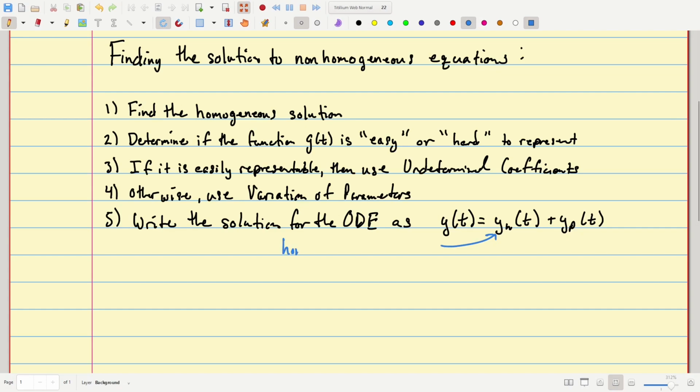This is the homogeneous solution, and this is the particular solution. And the particular solution is the one that comes from the non-homogeneous part. Okay, the last step is solve the initial value problem if necessary.